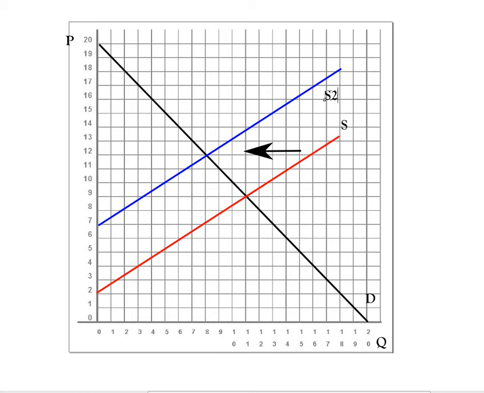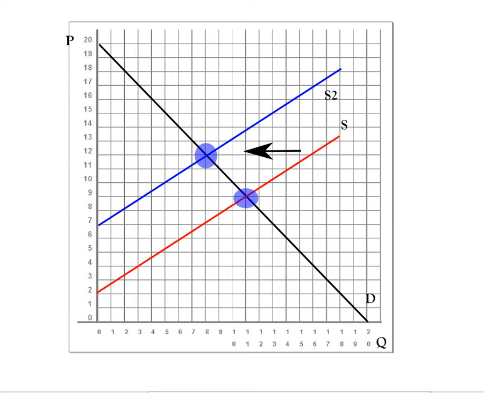What is our prediction about what's going to happen in this case? Well, a decrease in supply is a move to the left, just as a decrease in demand is a move to the left. What we want to be able to do is predict what that's going to do to the price and the quantity exchanged in the market. So we focus on these two blue circles, the old equilibrium at $9.11.